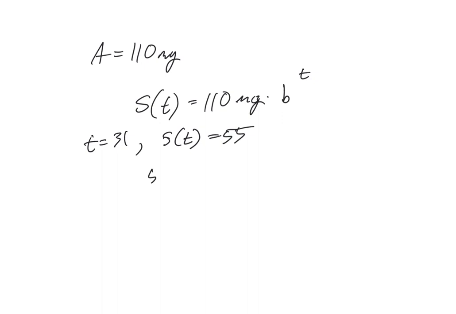Plug this in, 55 equals 110 times B to the 31st power. Divide by 110, that's a half, equals B to the 31st. And then to find B, I'm going to take the 31st root.